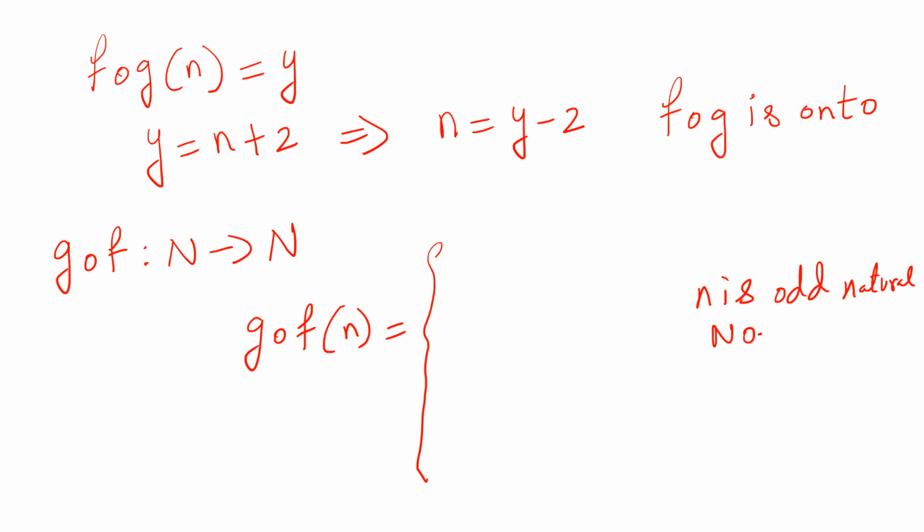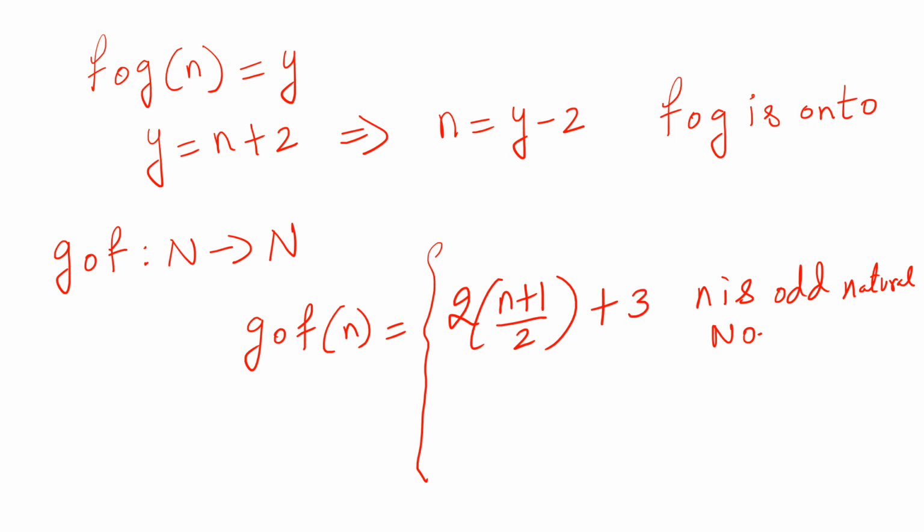Fine. Now students, the value (n plus 1) whole divided by 2 will be put as an input in the first branch of the function g of n. So now the expression will become 2 times (n plus 1) whole divided by 2, plus 3.